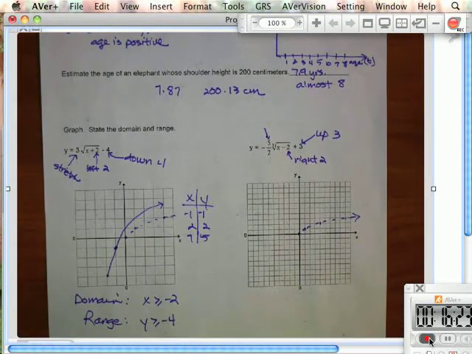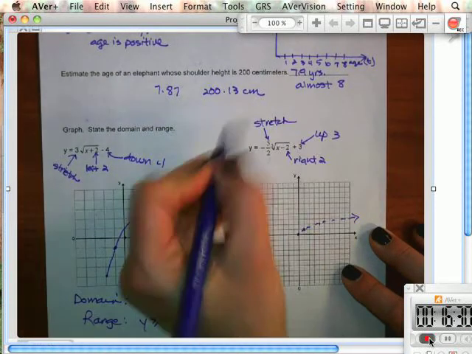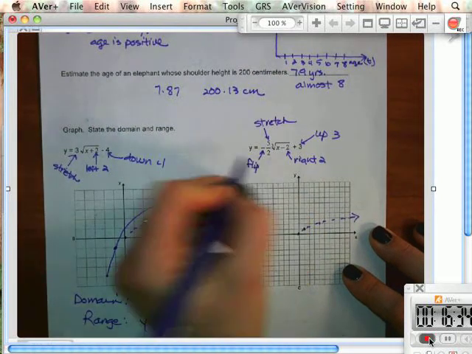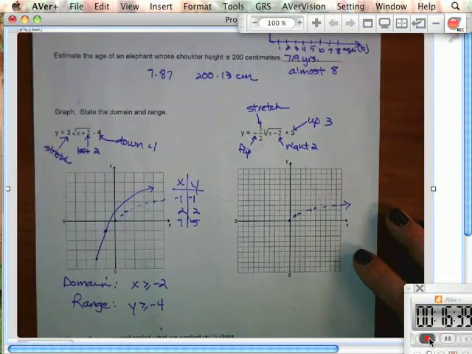Not the negative, but the 5 halves makes it do what? Stretch. It's bigger than 1. And what does the negative do? Flip it. Oh, but wait, I screwed up. I drew the wrong parent function. It's a cube root.